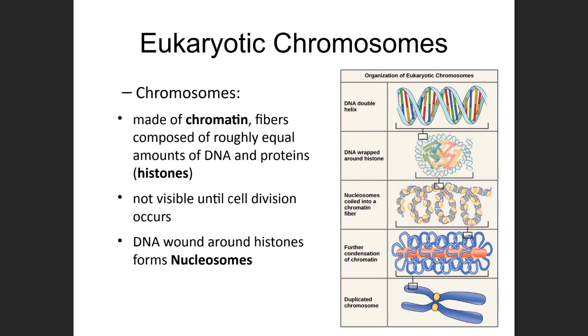So here's your double helix. That is what DNA always looks like. But then it gets wrapped around proteins called histones. This is basically like taking that strand of DNA and wrapping it around the cardboard tube that the toilet paper's on. It just gets it all neat.